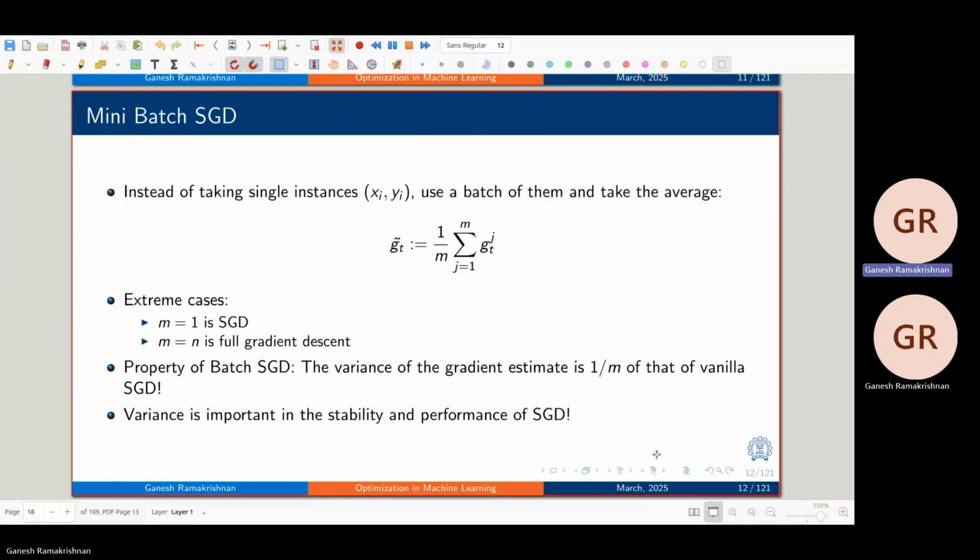This is very interesting. Variance: the variance of the gradient estimate is 1 upon m of that of vanilla stochastic gradient. This is important.